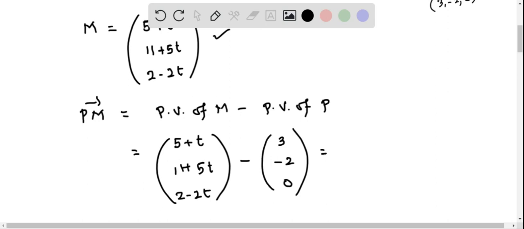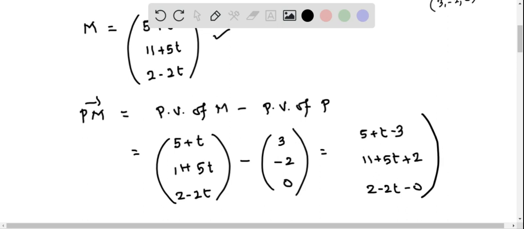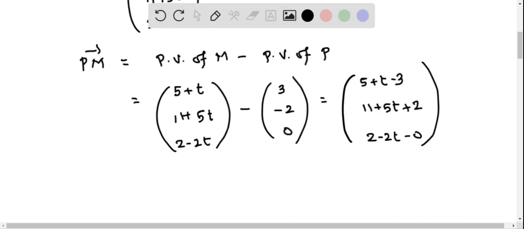So let's simplify this. This is 5 plus t minus 3, and this is 11 plus 5t. Negative of negative 2 is positive 2, and then we have 2 minus 2t minus 0. So we can simplify this, and this equals 2 plus t, 11 plus 2 is 13 plus 5t, and then we have 2 minus 2t.